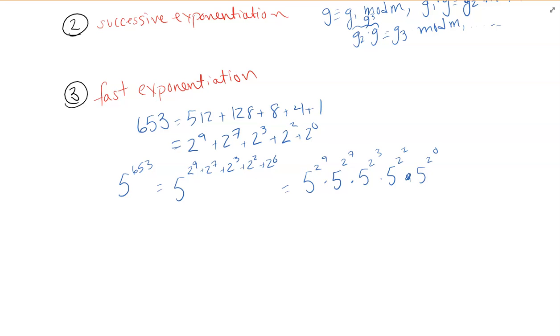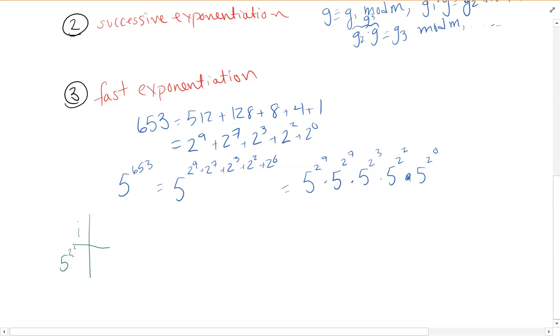Okay. Then, what we have to recognize is that these all appear as 2 to the i, right? So now what I can just think about in the back of my head is that if I make this table, I have an i for a power, and then I'm going to have 5 raised to the 2 to the ith power.